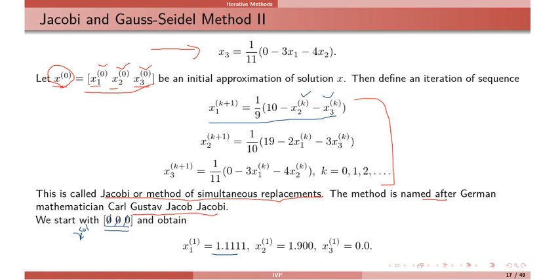Then from second equation, x1, x3 as 0. Then you get x2 at first level, 19 by 10. This is 1.9. Similarly, from third equation, x1, x2 as 0, and you get x3 as 1 minus 0 by 11. So this is 0. So this first set of solution is usually denoted by x1. So first x1 1 is this, x2 1 is this, and x3 1 is this.